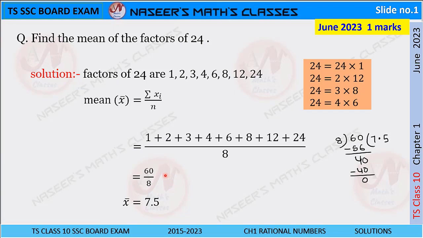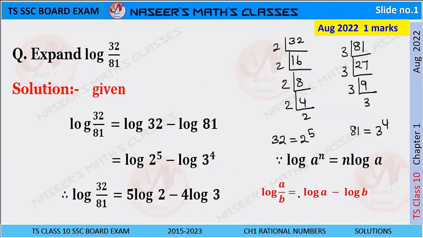So we divide 60 by 8, then we get 7.5. Therefore x bar is equal to 7.5. So the mean of the factors of 24 is 7.5.